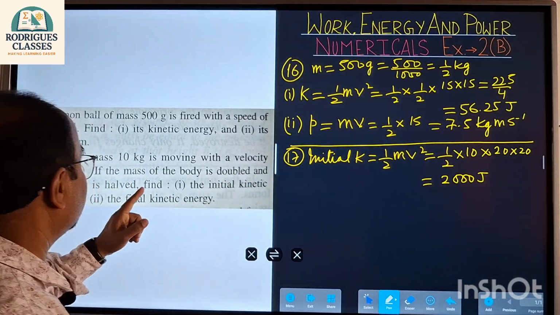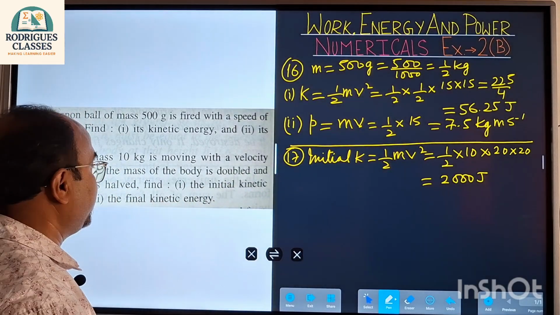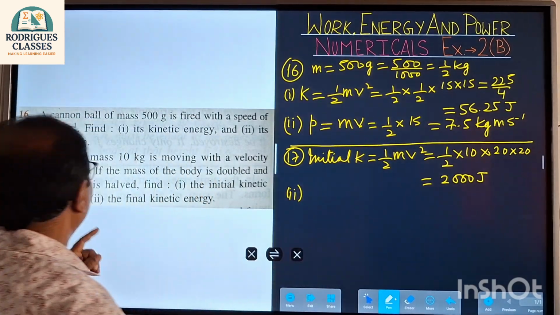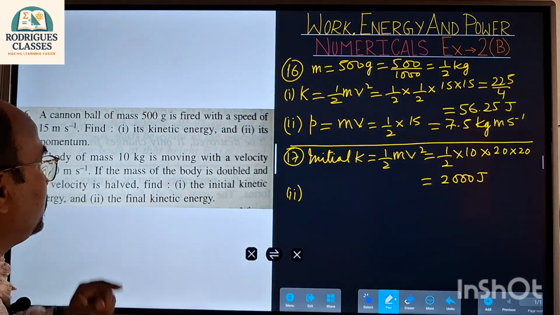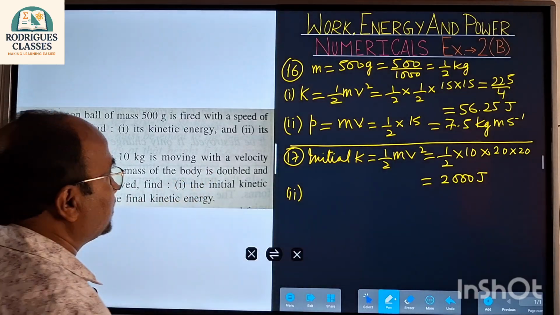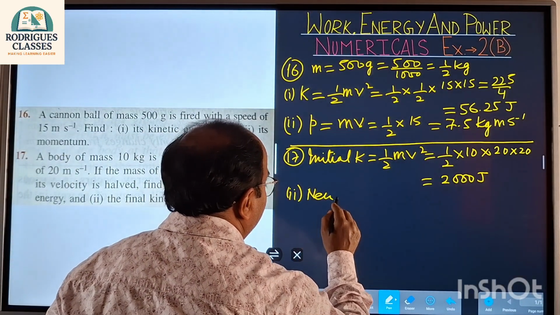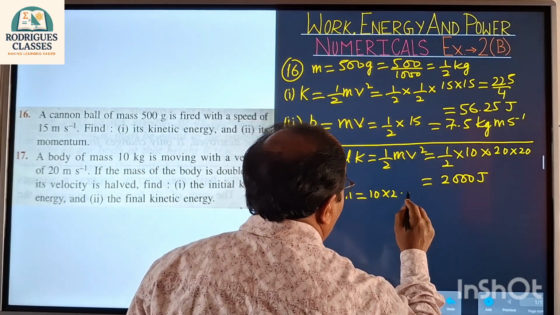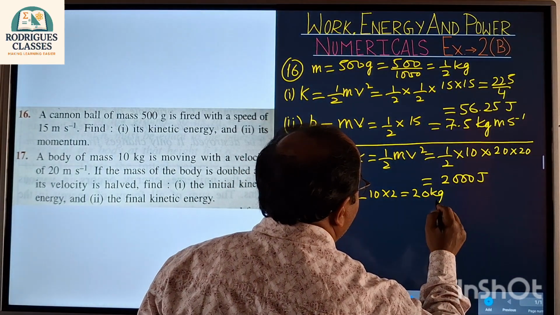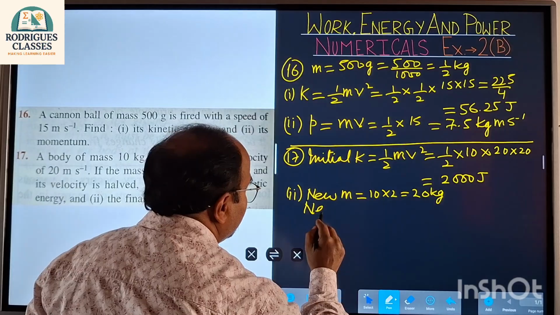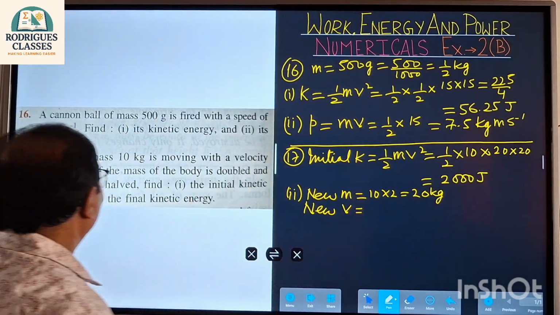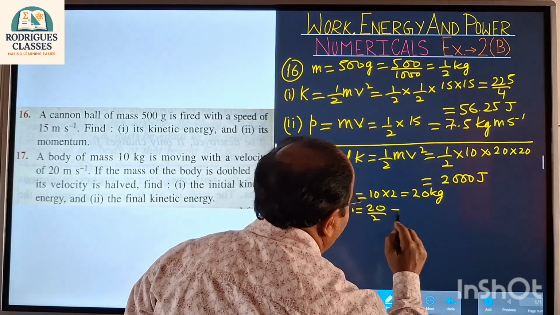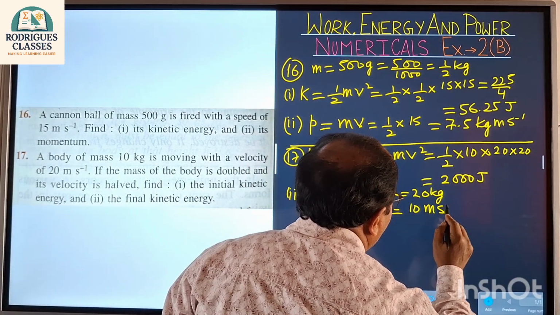the next part, that is the second part, the final kinetic energy. For getting the final kinetic energy, we should know the new mass and the new velocity. If the mass of the body is doubled, so new mass becomes 10 into 2 equals to 20 kg, and new velocity, about velocity it is halved, so 20 by 2 will give us 10 meter per second.